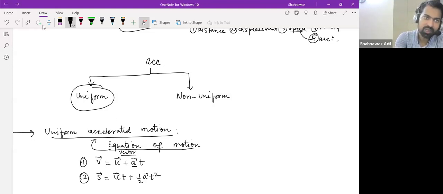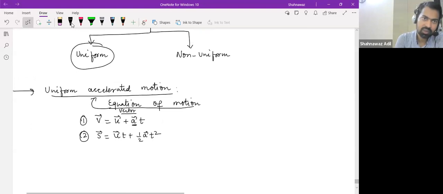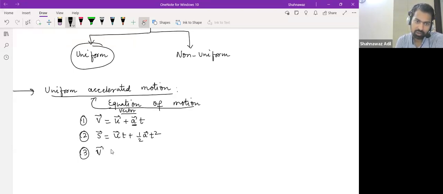And then the last one is, so we have the fourth one, but I will talk about this later. The dot product: v dot v equals u dot u plus 2 a dot s. So this is in the vector form, right?